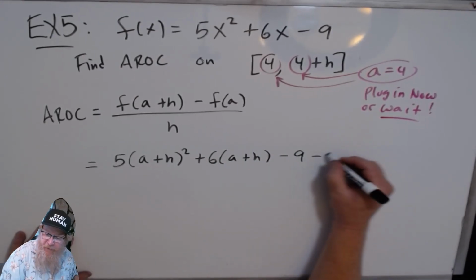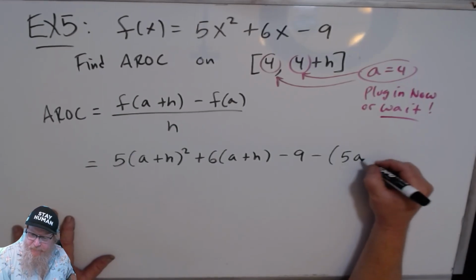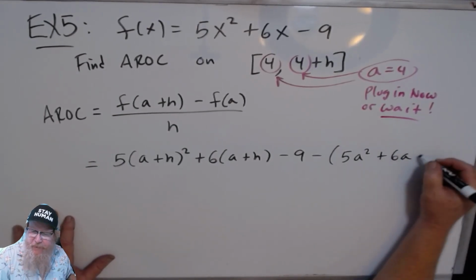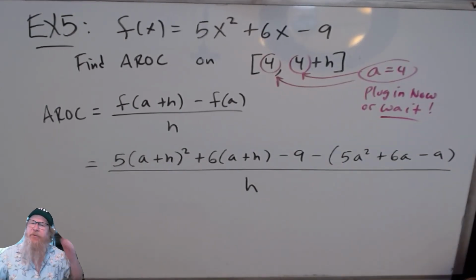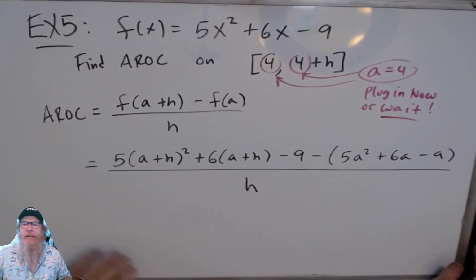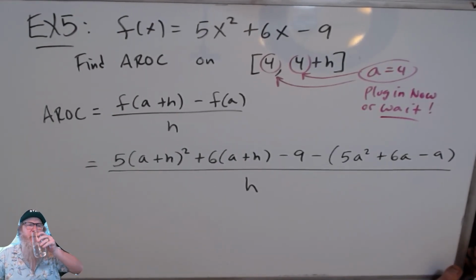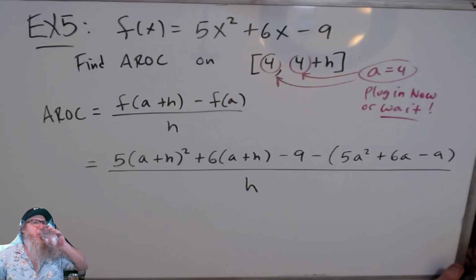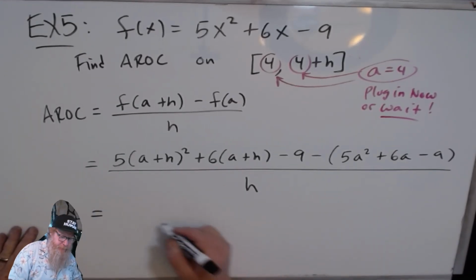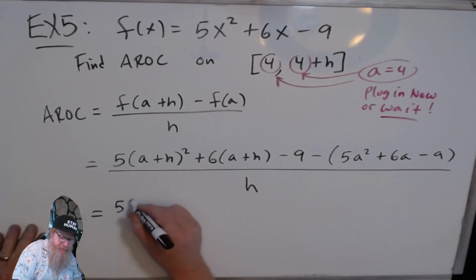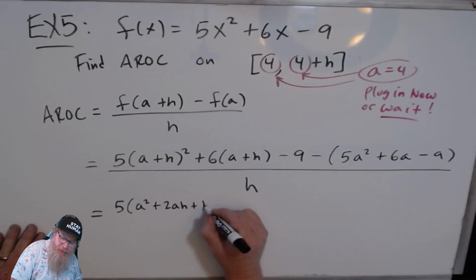My hope for you before the chapter 2 test is that you can do this, I don't want to say with your eyes closed, but metaphorically with your eyes closed. Of course, you should have your eyes open while you're doing it, but you're not really needing them. So this is going to be 5a squared plus 2ah plus h squared.